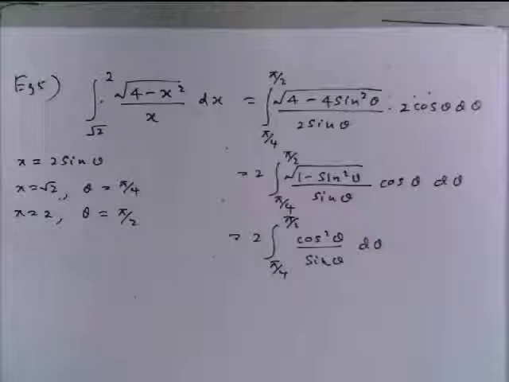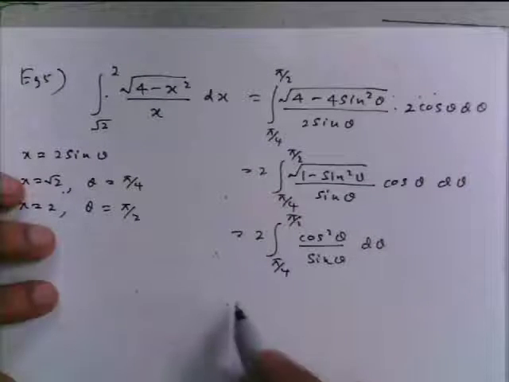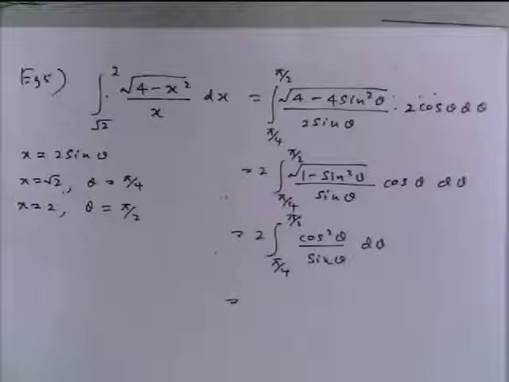So now what are we going to do? Any methods? Now what can we do? What substitution can we pick? For sine theta, or sine, just make it negative.